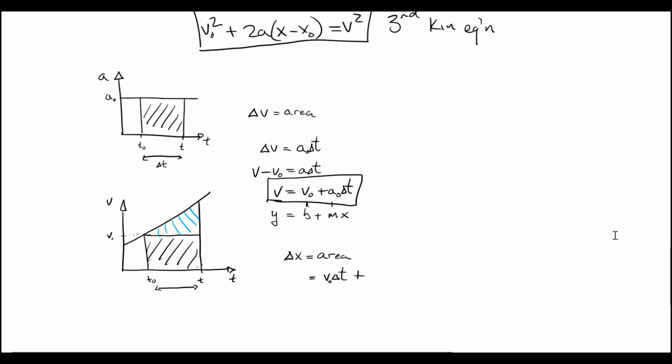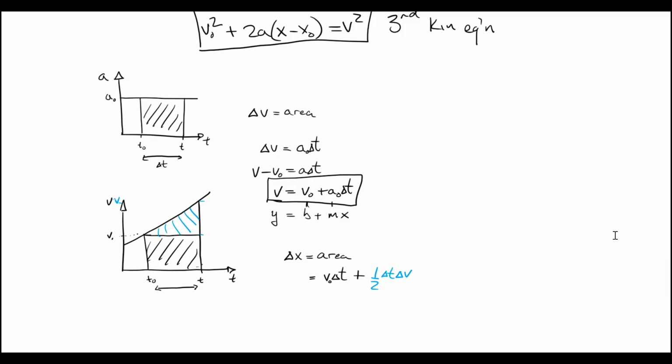The area of that triangle is going to be half the base, and the base is delta t, times the height. And what's the height of this triangle? Well, it's going to be v final, or v at some final t, minus v naught. This is my delta v.